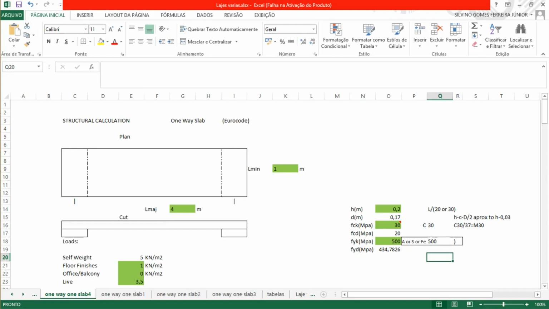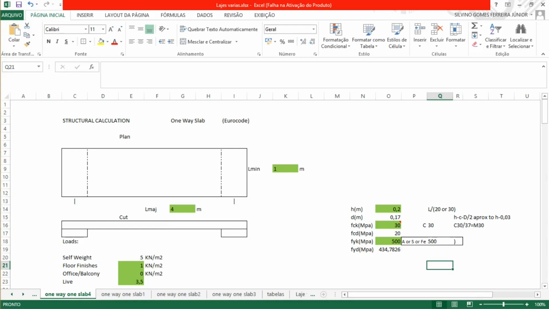So the characteristic value for the steel will be 500, and FYD will have a safety factor. We're gonna use 1.15.